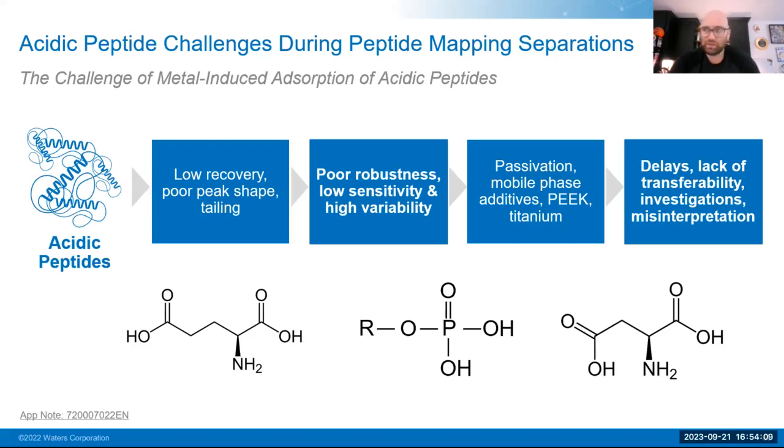Titanium itself is still a metal, so we may see some good separations, but we may still see robustness issues, as well as sensitivity problems and variability. All of this delays and causes problems with transferability of methods, as well as problems in investigations and overall issues in terms of, do we actually have the biosimilarity that we say we do when we're developing our products?